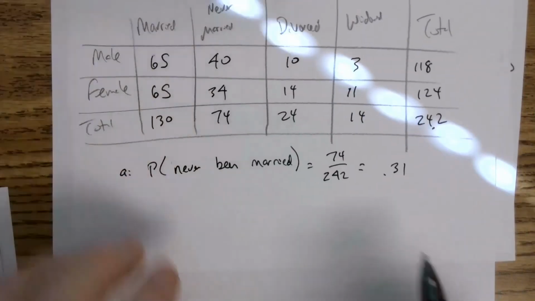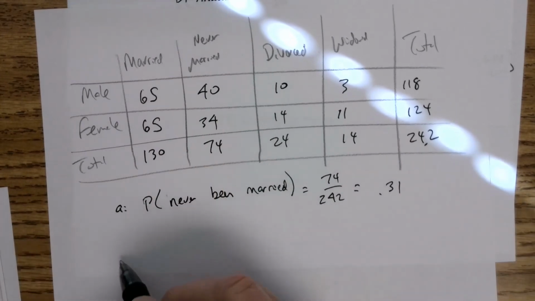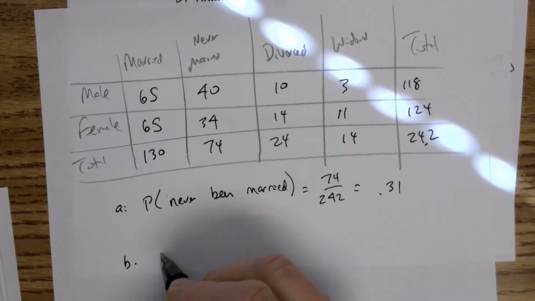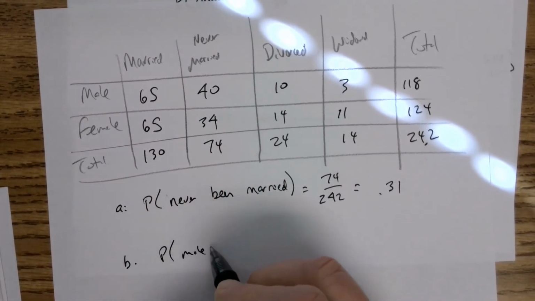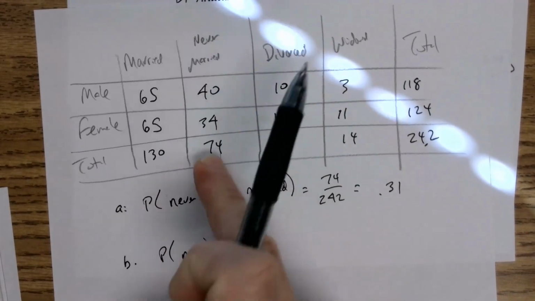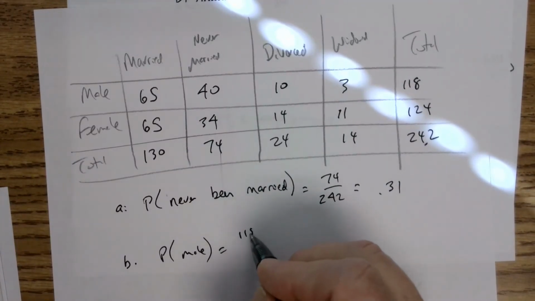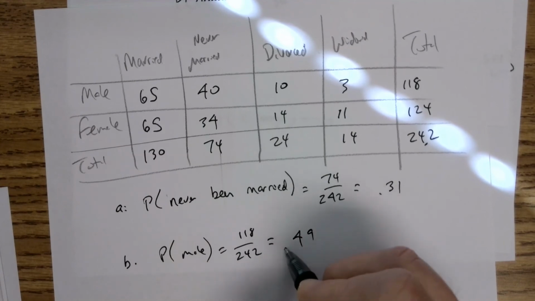Okay, so just how many people were never married out of total. Probability of male. Now this is not a column, this is a row. So there's 118 males out of 242, which came out to be about 0.49.